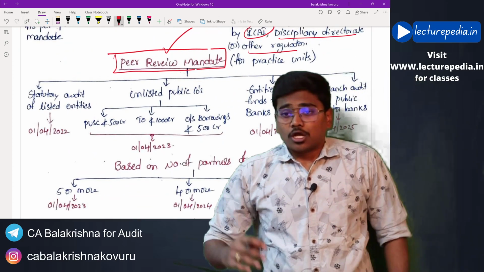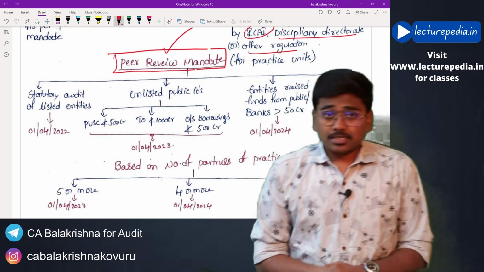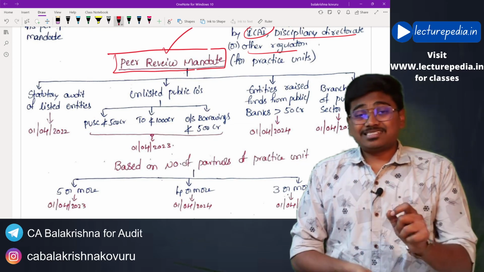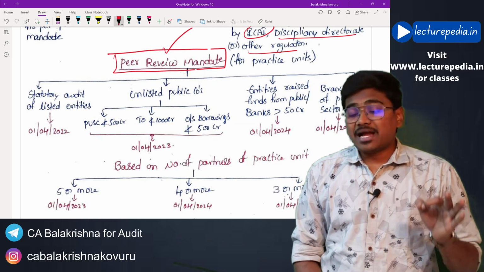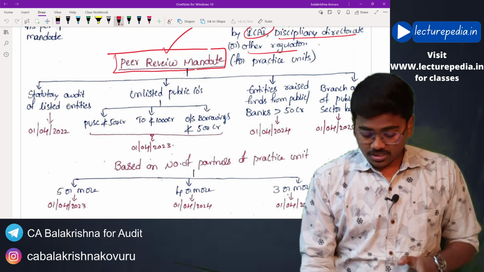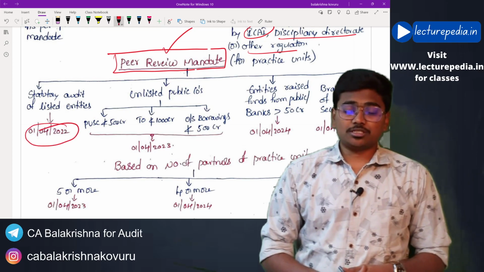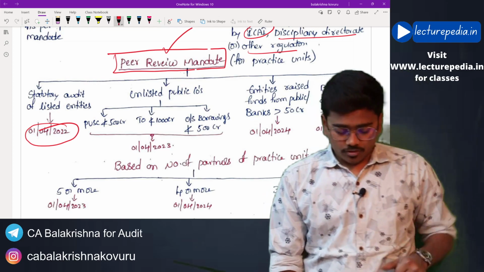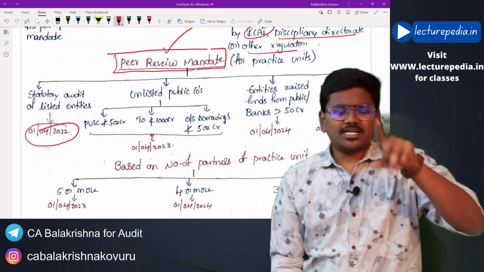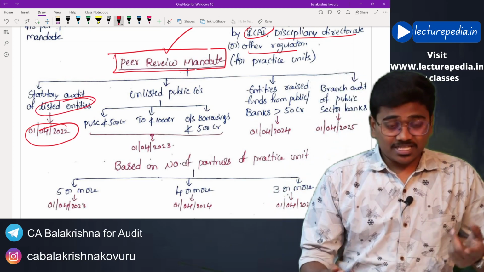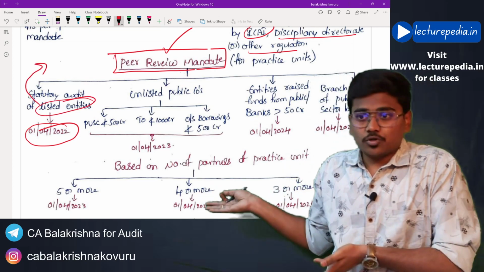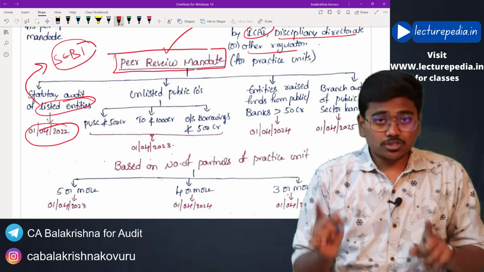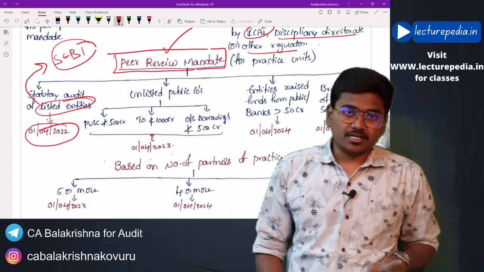Now coming to the peer review mandate. See, all the audit firms that are conducting statutory audits of listed entities must mandatorily get themselves peer reviewed from 1st April 2022. However, for audit firms which are conducting audits of listed entities, even before these peer review guidelines came, SEBI has mandated those audit firms to get peer review mandatorily.